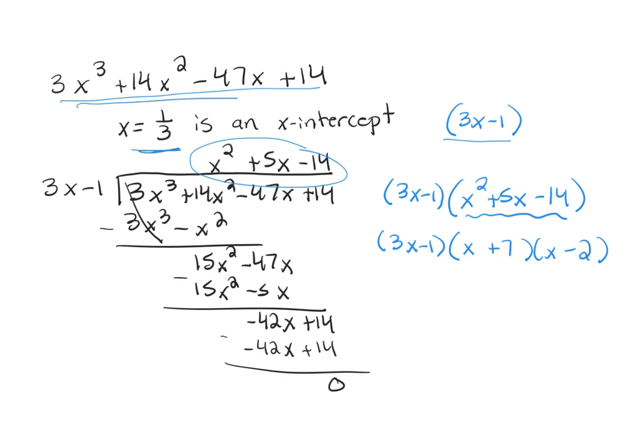So here's the original polynomial after we knew one of the x-intercepts. That means we know one of the factors. We can break it down, and now we have all 3 factors, and then all of the x-intercepts: positive 1/3, negative 7, and positive 2.